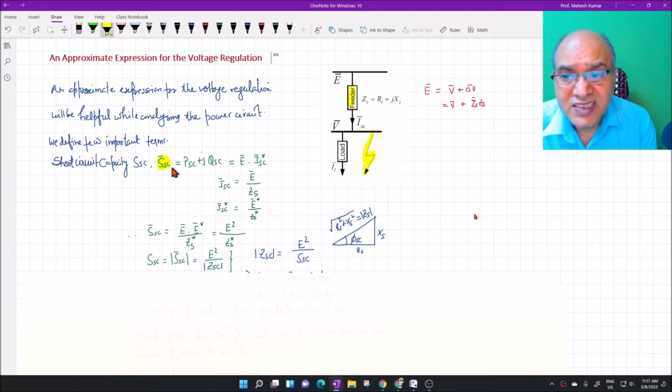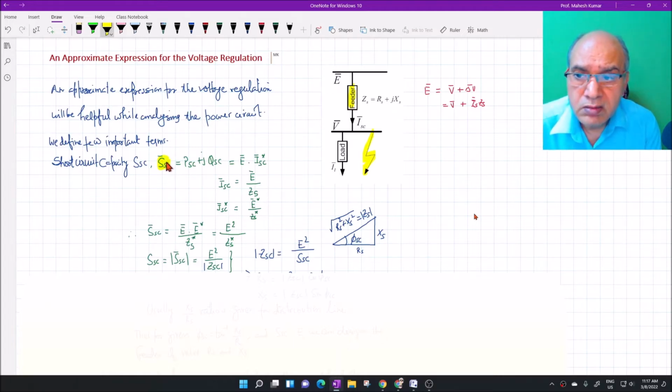So this SSC bar, or the short circuit capacity of the bus, is E into ISC conjugate. So this voltage into this current, the upstream voltage source or the source voltage into the current conjugate.